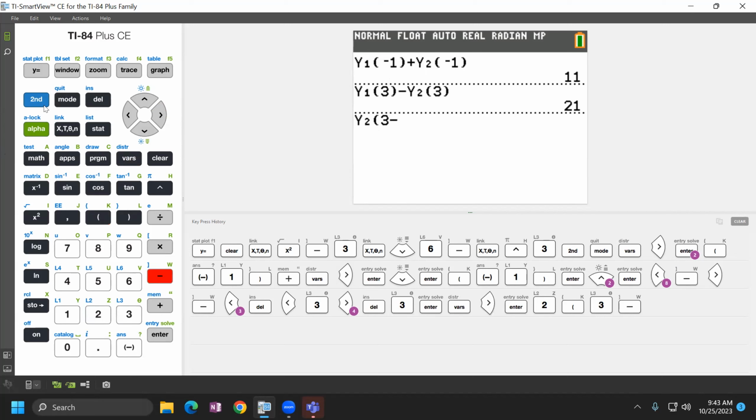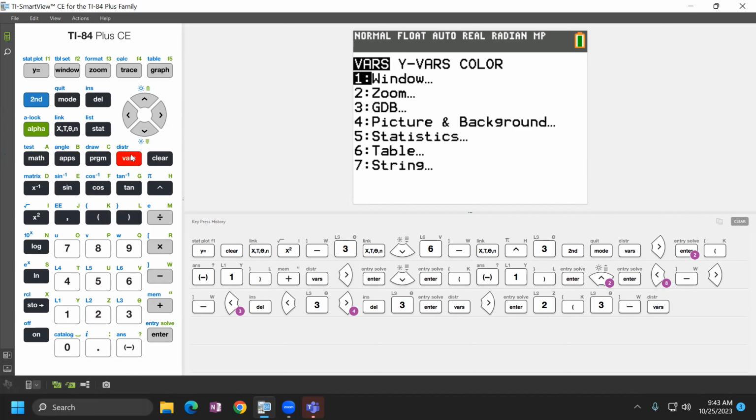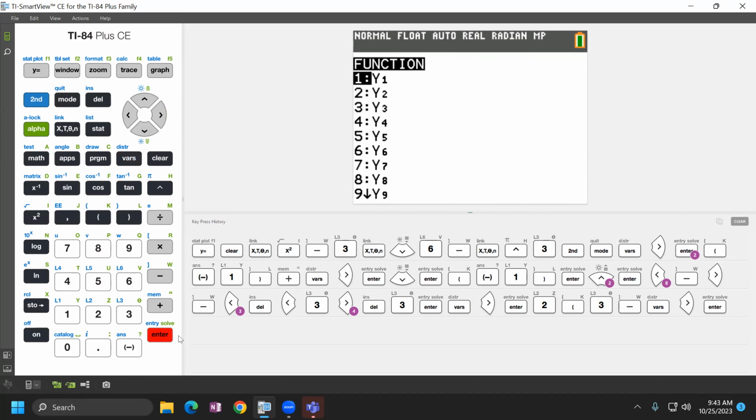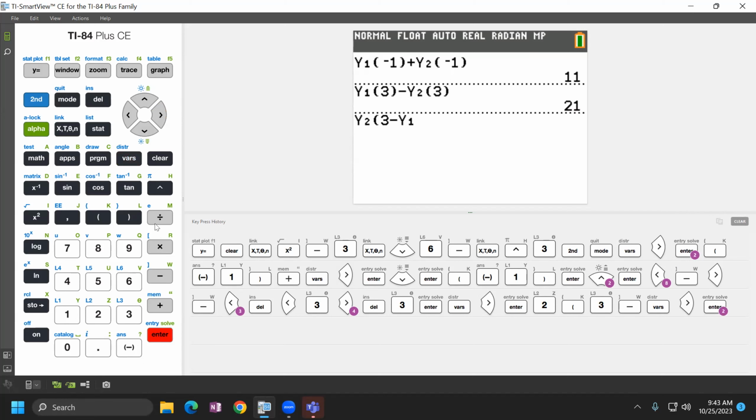And I'm going to subtract from it my variables, my y variables, and I notice I don't have a parenthesis there. I'll fix that. y1 at 3. And I'm going to go back there and insert a parenthesis because I forgot it. So go second, insert that parenthesis. So that should work. And it's -20.